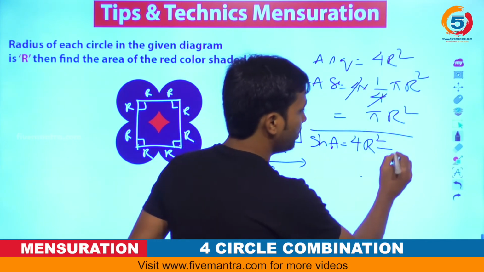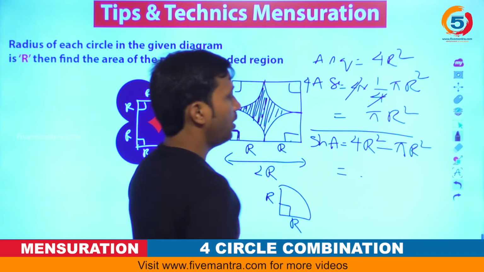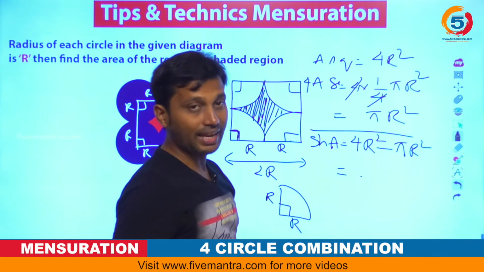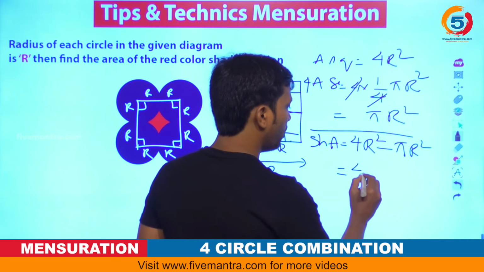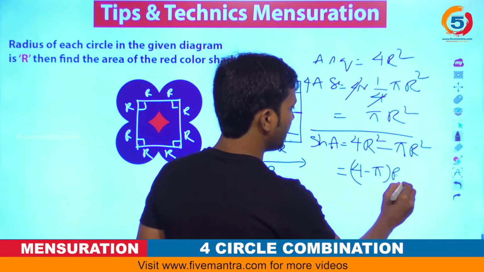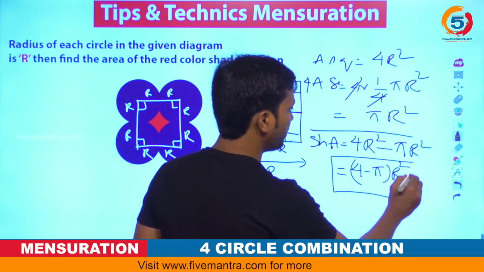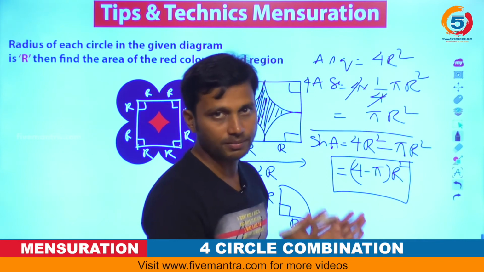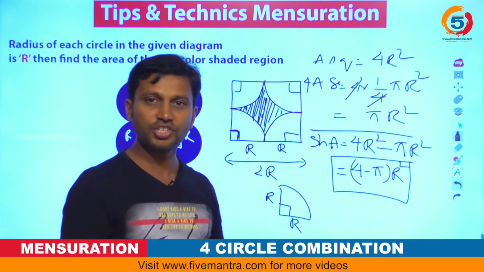Pi r square. So how can we take r square in common or not? So 4 minus pi into r square, which can be used as a shortcut while doing this kind of problems.